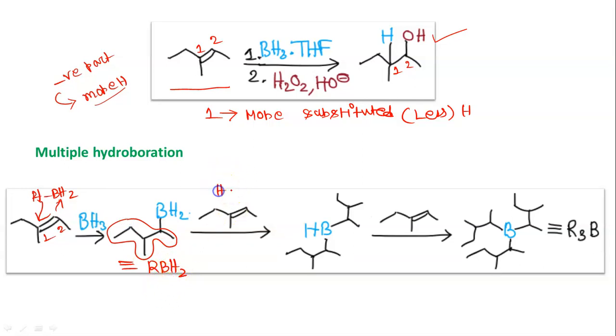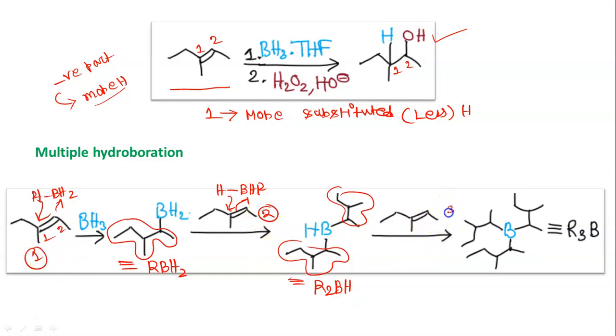So now it will be added, BHR. So again the same type of mechanism. So now we are getting 2 R groups attached to boron. So it is R2BH. Basically what will happen, all the 3 hydrogens will be replaced by 3 alkyl groups. Okay. So another alkene. This is the first alkene. This is the second alkene. This is the third alkene.